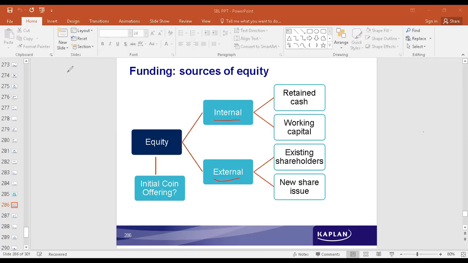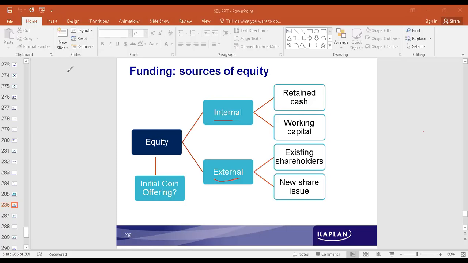Temporarily it is not distributed. It is retained and reinvested so that it can be used for taking up new projects. So that's the concept of retained earnings. They need not look at outside sources to use those funds. It's internally available. Just by not distributing, they have funds available called retained cash.